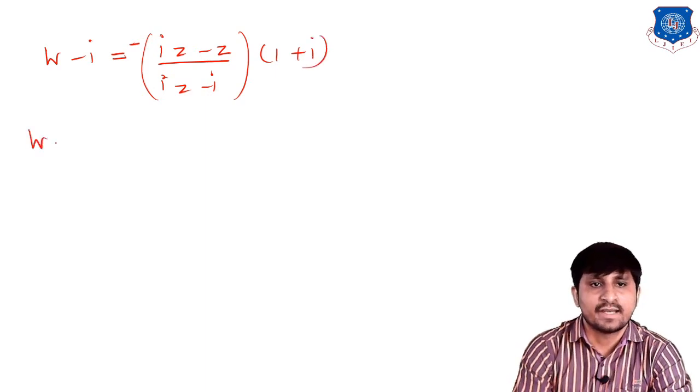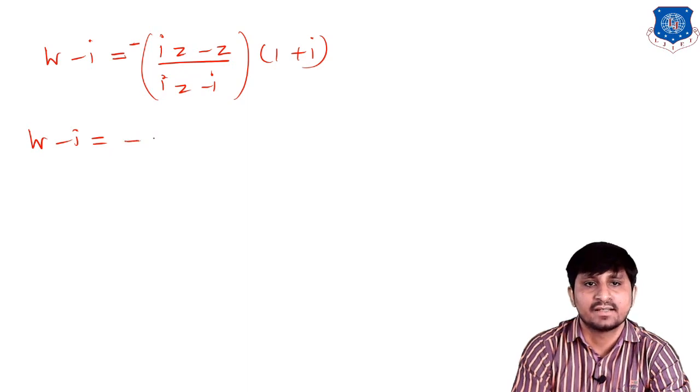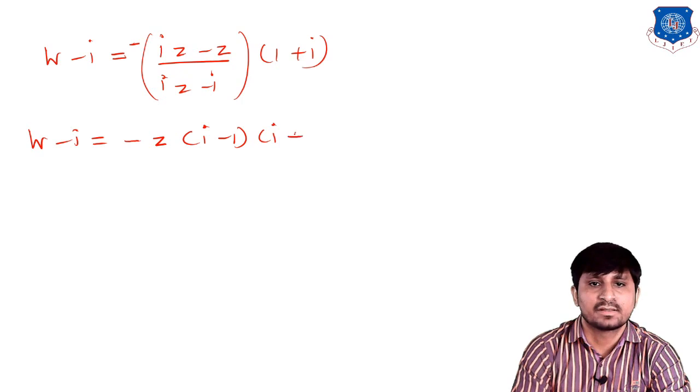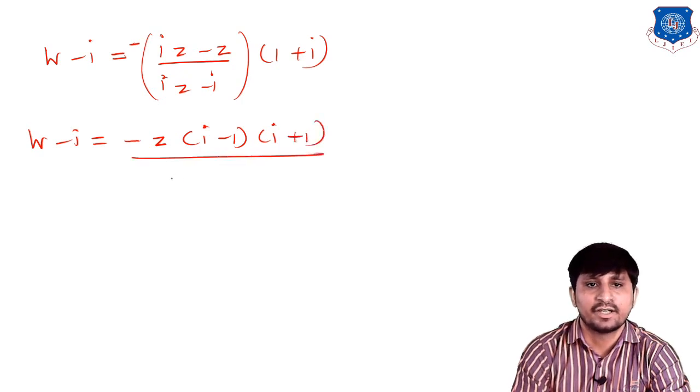So W minus I is equal to, just take Z as a common term, so minus Z, here we have I minus 1 and I plus 1, and in the denominator we have IZ; I also you can take as common, so I into Z minus 1.